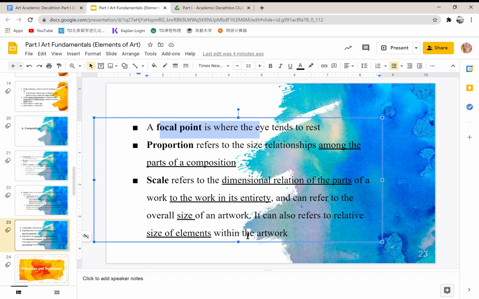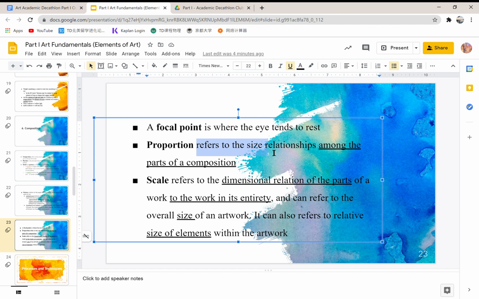If you stare at a picture, your eyes would just go till the end of the road, and the end of the road is where the focal point is located, because that's where the road tends to disappear. So every time the object tends to disappear through a line, that's where the focal point is located.